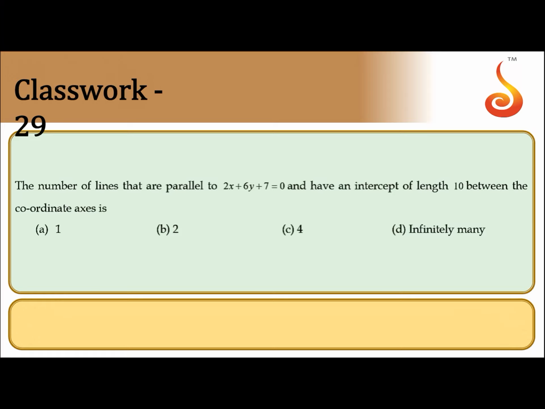The number of lines that are parallel to this one and having an intercept of length 10 between the coordinate axes. So let me take the line which is parallel to 2x plus 6y, which is nothing but 2x plus 6y. So I can take this one as x plus 3y plus k equals 0, right? The intercepts on the axes are given by x divided by minus k plus y divided by minus k by 3. Am I right? Minus k, I think so, equals 1.